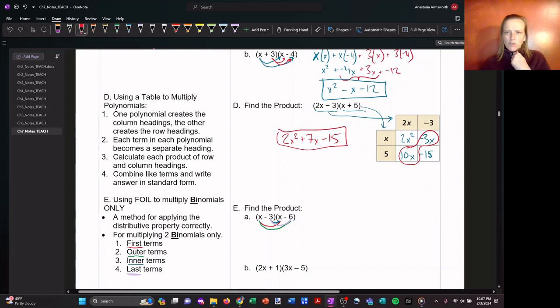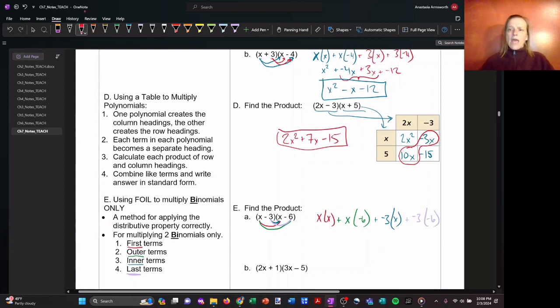My red terms, my first terms, that's going to be x times x. My green terms, my outer terms, that's going to be x times -6. My inner terms, my blue terms here, are -3 times x. And lastly, my purple terms, -3 times -6.